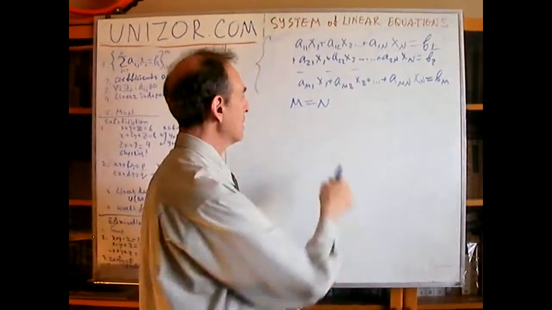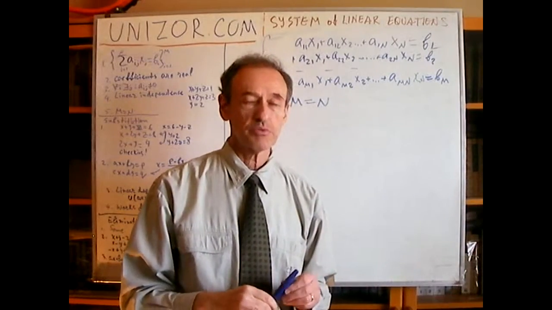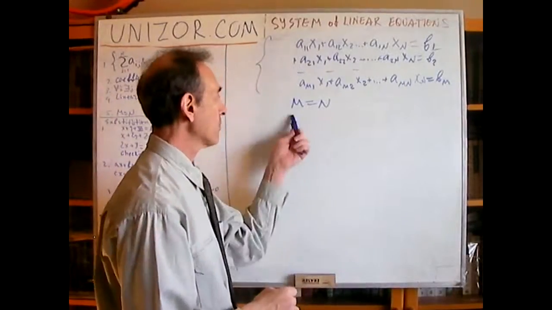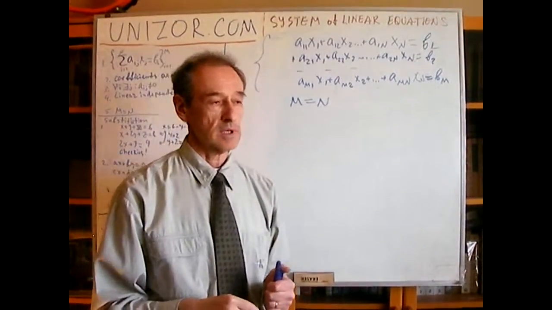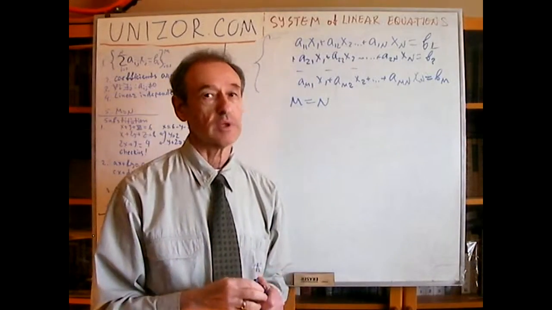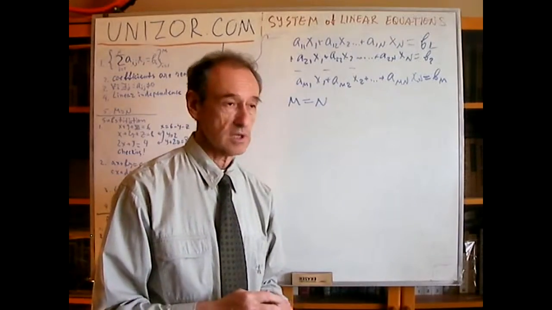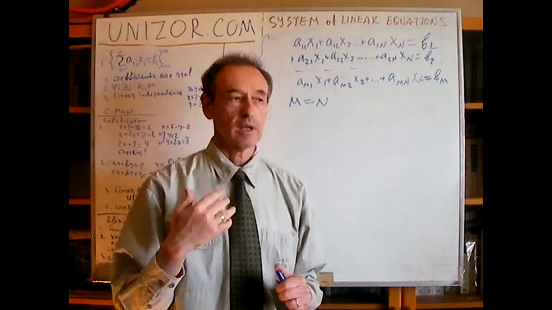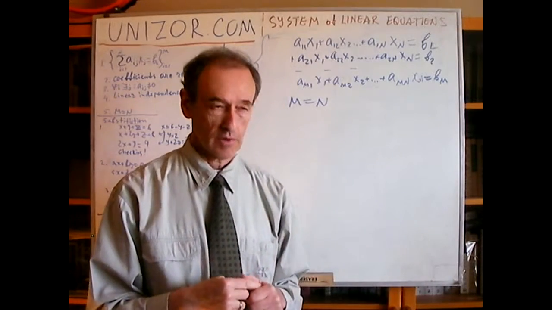Obviously, if m is less than n, as we saw many times before, we will have infinite number of solutions. Not interesting. Now, if m is greater than n, and system is independent, then most likely we will have a situation of no solutions at all. Not interesting neither.